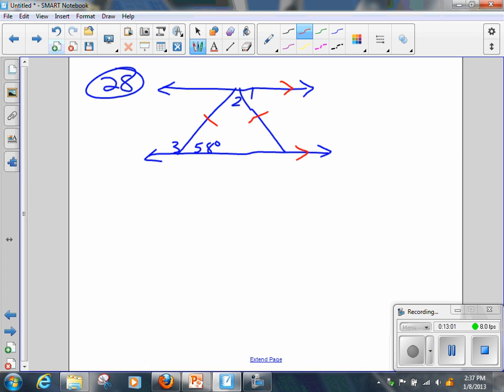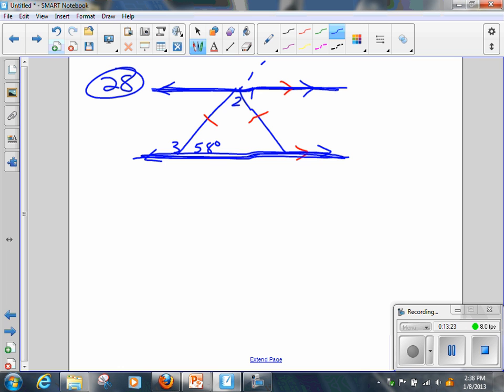We have to find the measure of each numbered angle. These are parallel lines, that's helpful to us. They're not parallel, they're messed up. I don't know why my board's doing this.